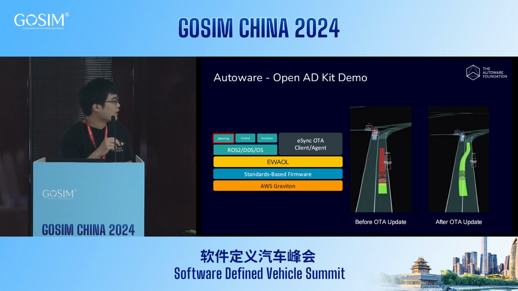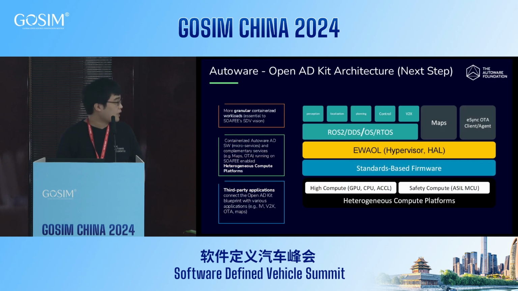This makes sure that we have minimal viable features updated on the edge device, so that it can avoid these NPCs after the update. So this is the demo that we did in last year's demo.